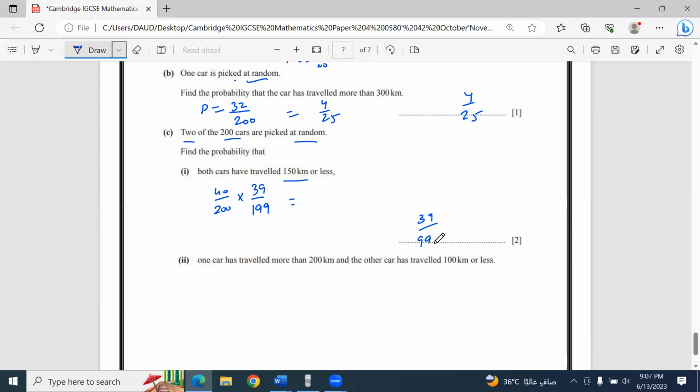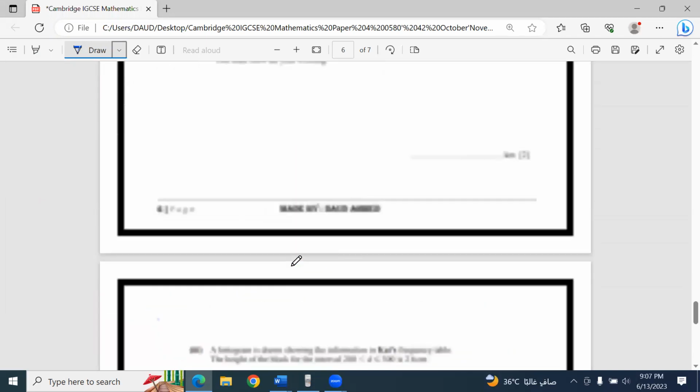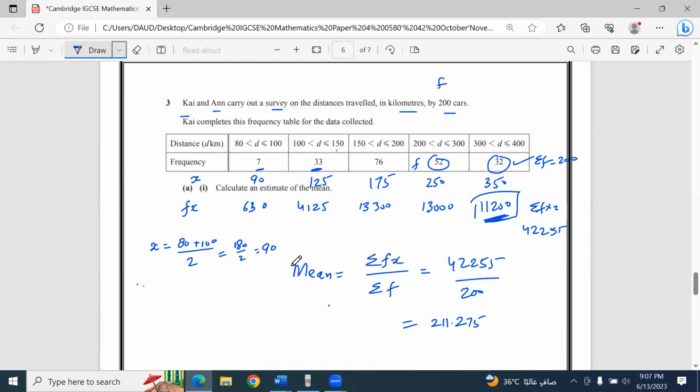So next, one car has traveled more than 200 kilometers and the other car has traveled 100 kilometers or less. First we check more than 200 kilometers: we have 52 plus 32, which if we add is 84.